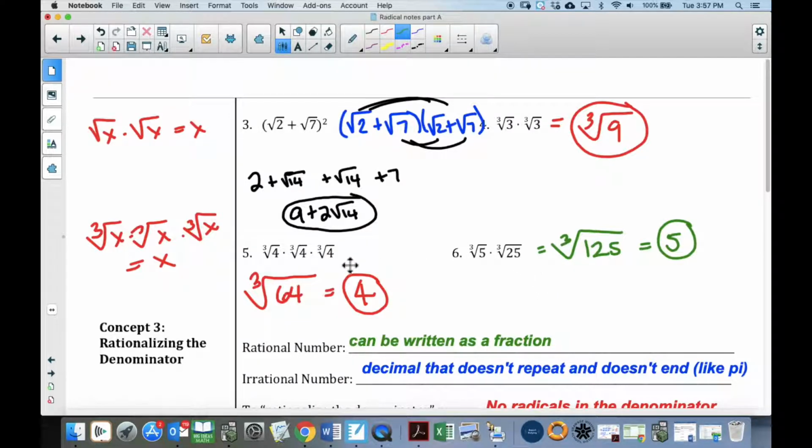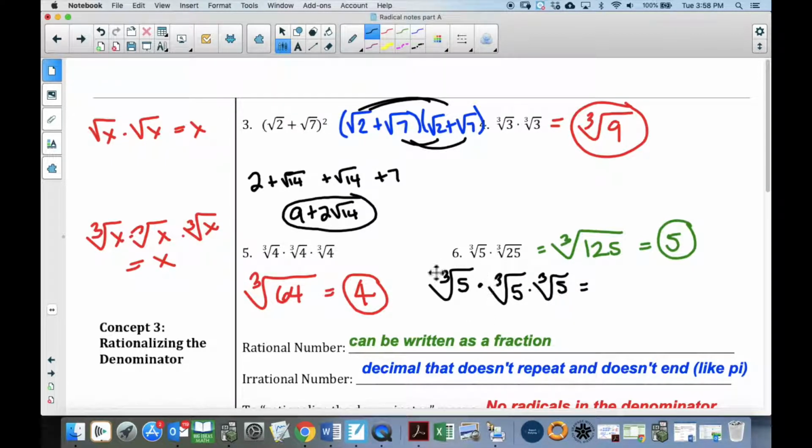I want to take a minute to explain this a little more because it ties in with number 5. Couldn't I rewrite this? So I have the cube root of 5 times, isn't the cube root of 25 the same as the cube root of 5 times the cube root of 5? And so once again, we have 3 of them.